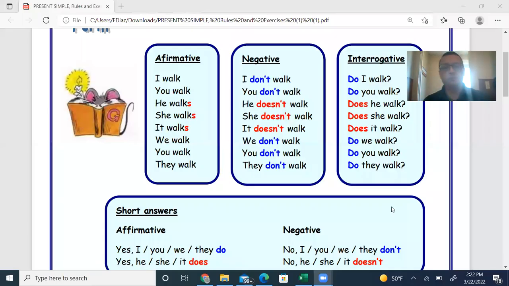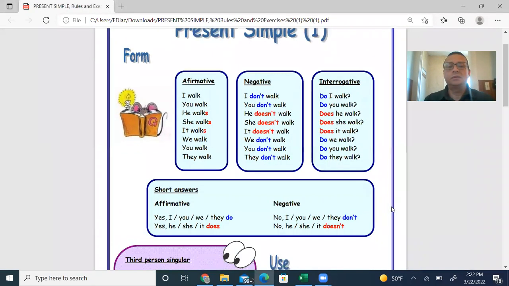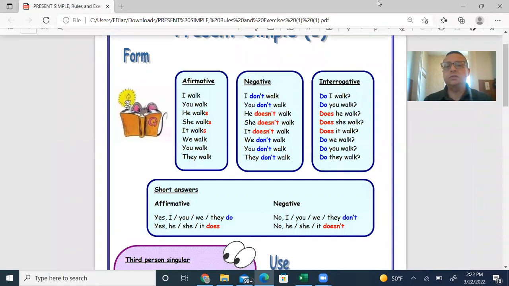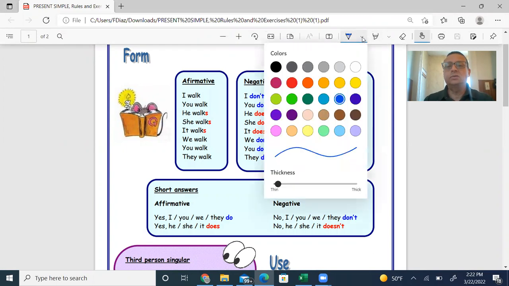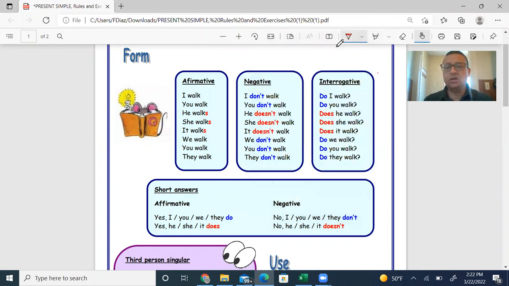So here we have a handout. This is the handout you will receive that explains the affirmative, negative, and interrogative forms of the verb in the simple present that is not the verb to be.